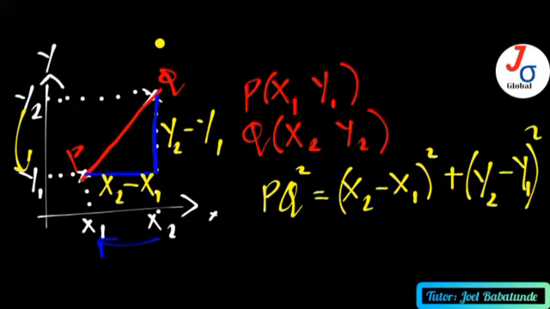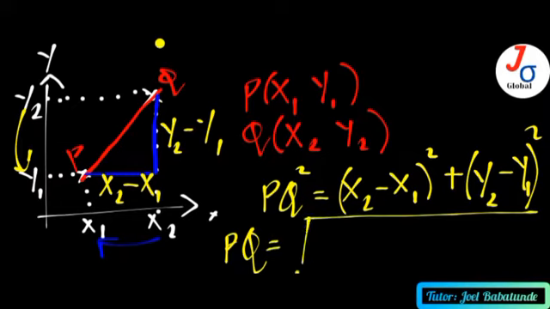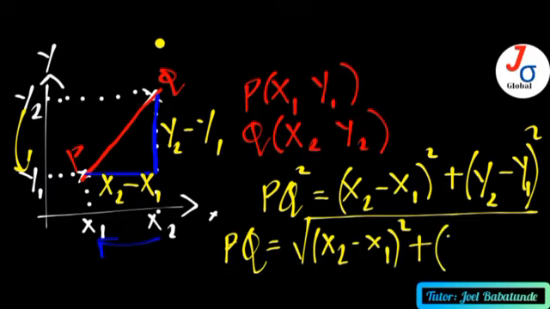Now we're going to take the square root of both sides. That will be PQ equals square root of x2 minus x1 squared plus y2 minus y1 squared. So this is the formula for finding the distance between 2 points, let's say PQ.